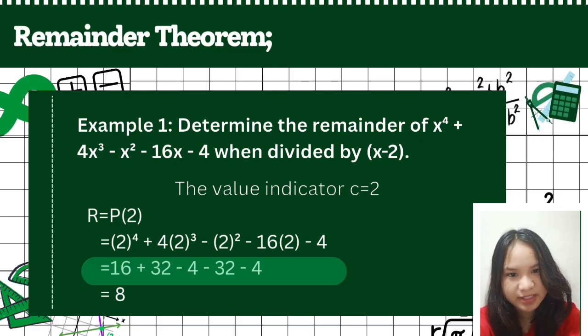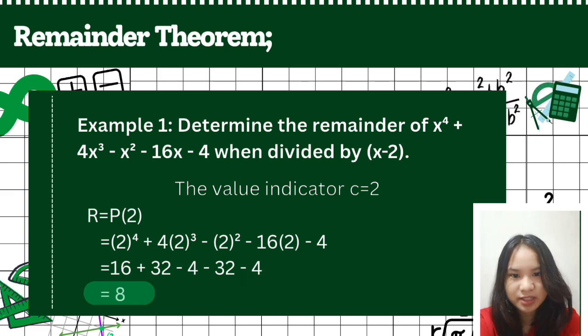And for 16 times 2, we have 32. Then, we bring down the 4. After that, we simplify: 16 plus 32 minus 4 minus 32 minus 4 is equal to 8. So our remainder here is 8.